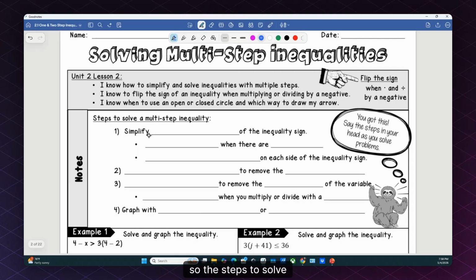So the steps to solve a multi-step inequality, the first thing that you're going to do is we need to simplify both sides of the inequality sign. And the first part that you're going to do with simplification of that is we need to distribute.